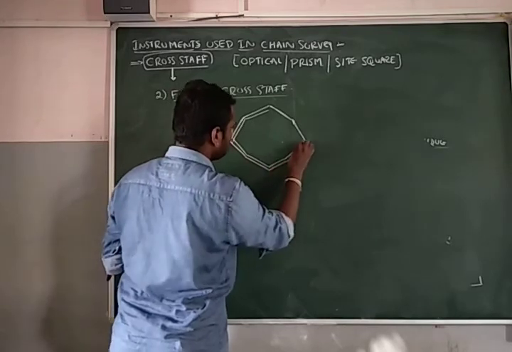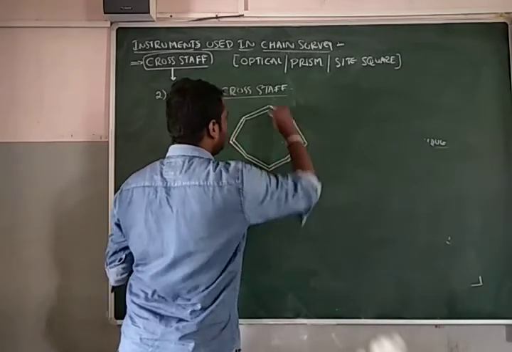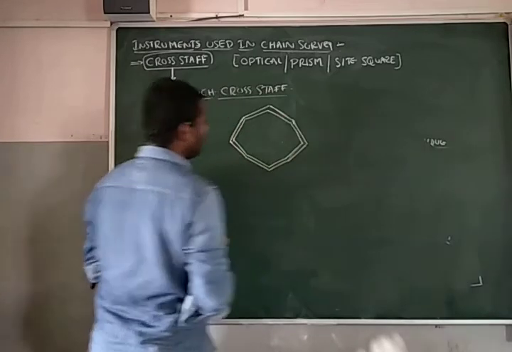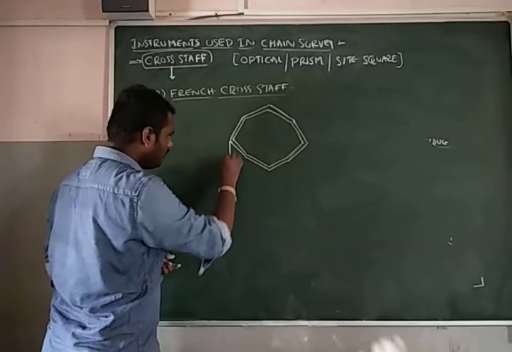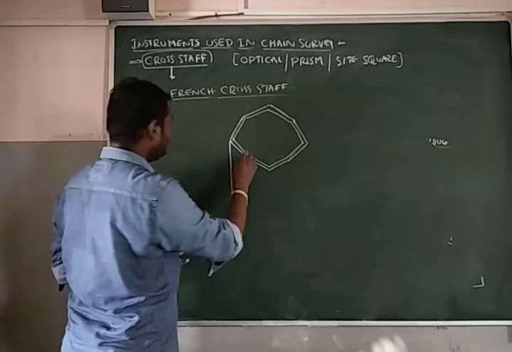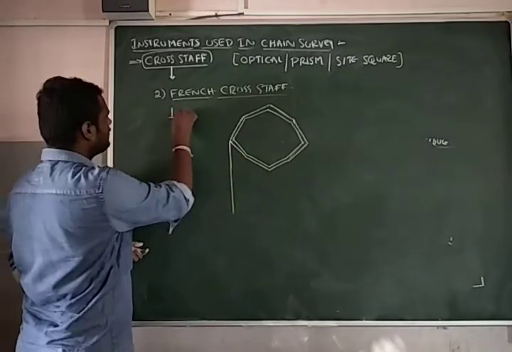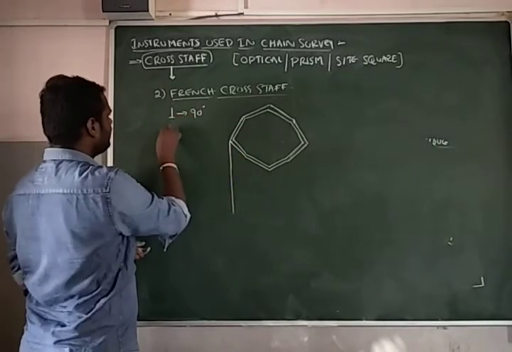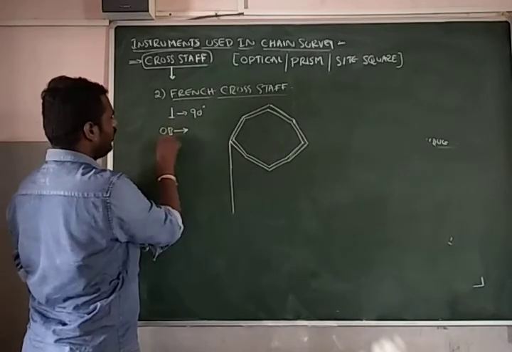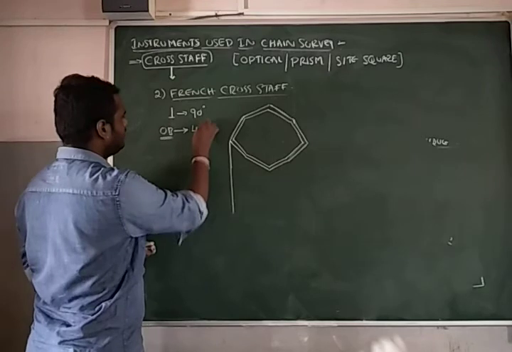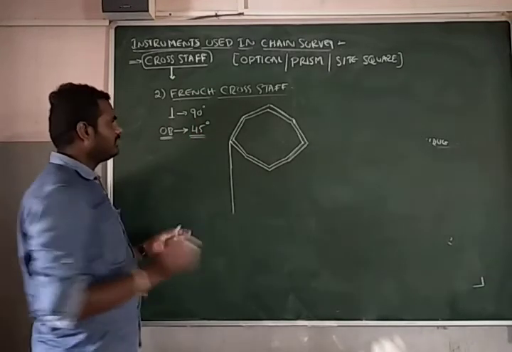This is especially utilized to take offsets, both oblique and perpendicular. You know perpendicular is 90 degrees, whereas oblique is only 45 degrees. Other than 45 degrees we can't take.